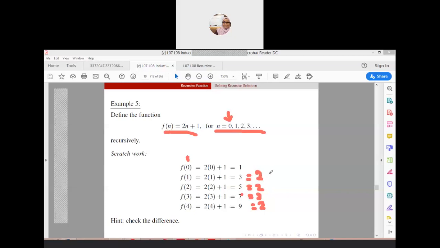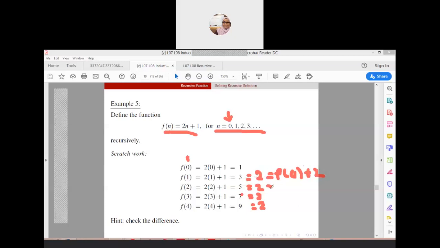So what can we conclude here? We use the previous information, then we plus 2, we get the current one. We use f(0) plus 2, we get 3.